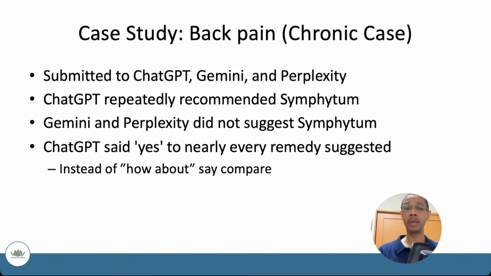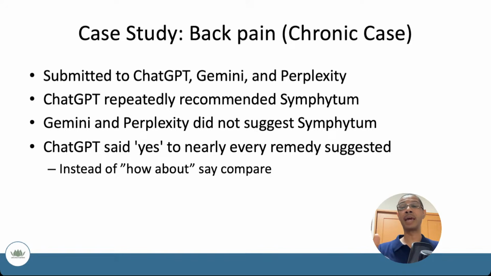Now, the reason why is it was stuck on its initial output. So no matter what I gave it later, it was stuck on Symphytum. So I took the exact same information. This time I took all of the original case information and all of the follow-up additional information that I gave it, put it together in one prompt and took it over to a new chat in ChatGPT.